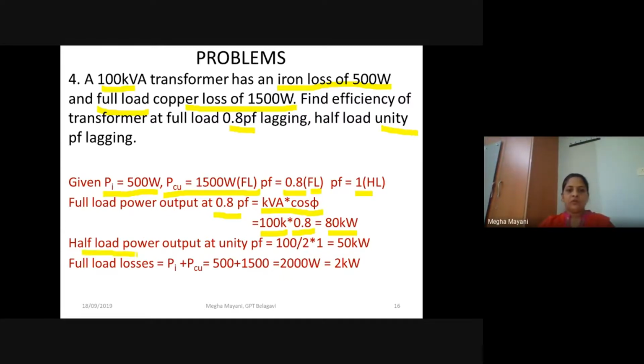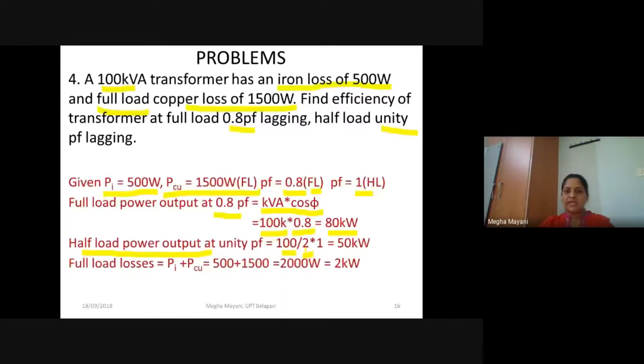Now to calculate the half load output power, we take 100 kilovolt amperes divided by 2, half load. Here N is the fraction corresponding to actual load by full load.